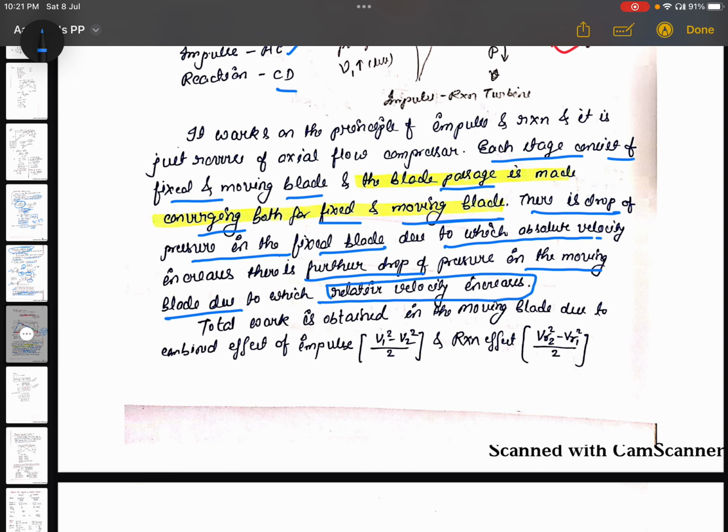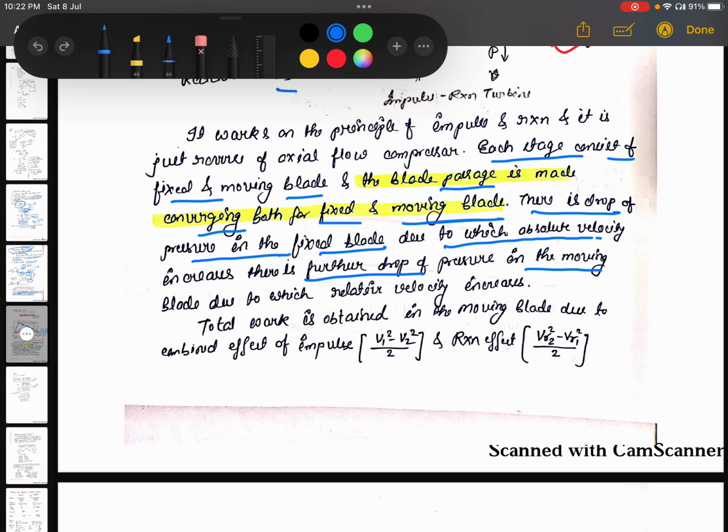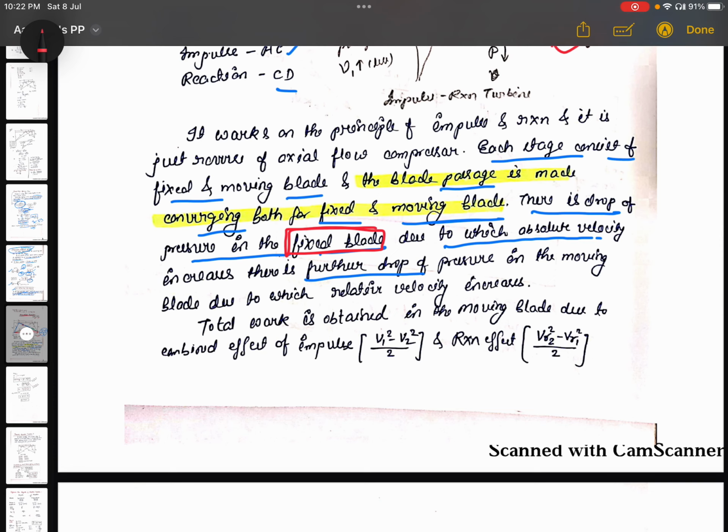This thing we should try to understand. There is a drop of pressure in the fixed blade because it is somewhat converging type.